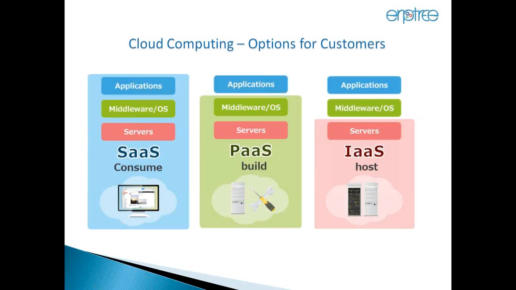So see here, if you go with the SaaS model, say for example, being a client, you want to implement Fusion financial applications. You can go with any one of these options which are available from Oracle. Say you are going to choose SaaS.